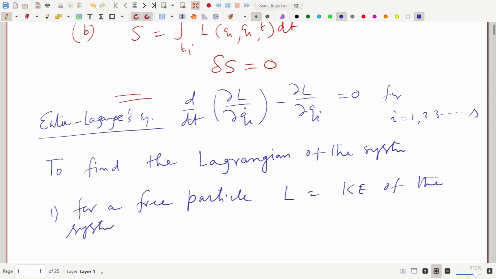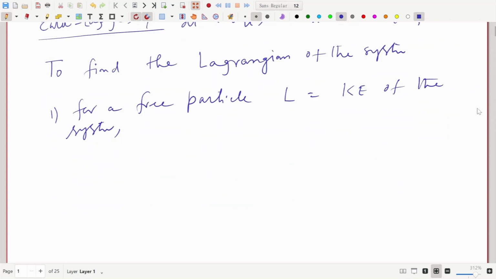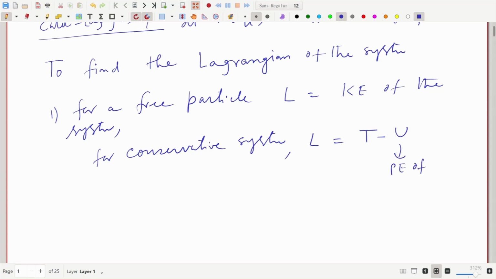This we have explicitly calculated in previous lectures, and also argued from there that if the particle moves under a certain potential and the force acting on it is conservative, then for a conservative system, at least, the Lagrangian can be written as T minus U, where T is the kinetic energy and U is the potential energy of the system.